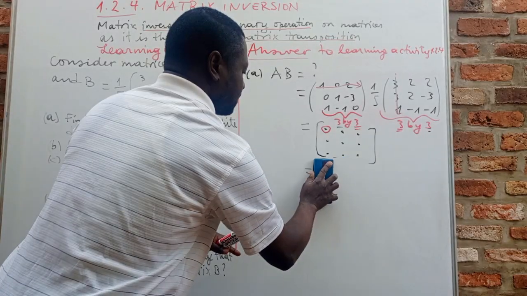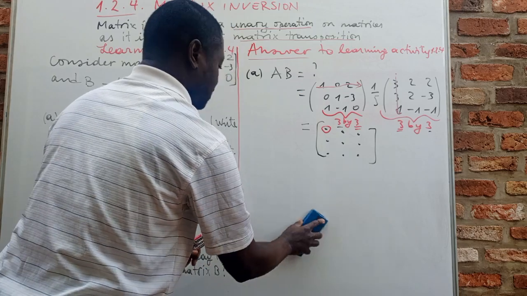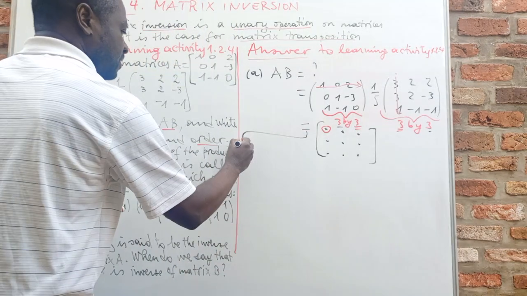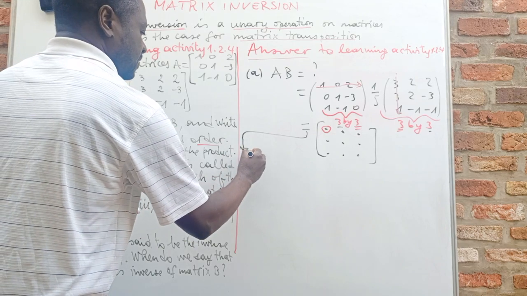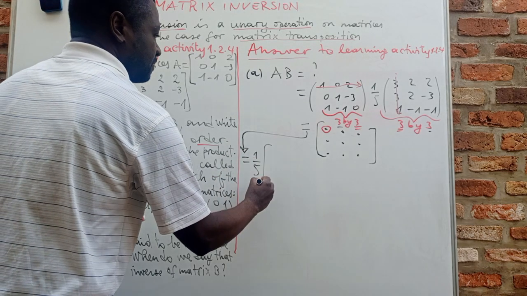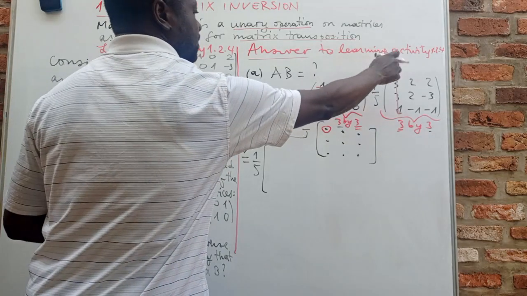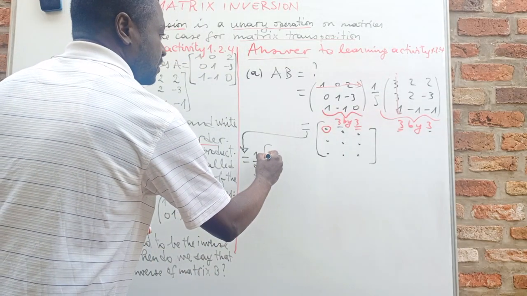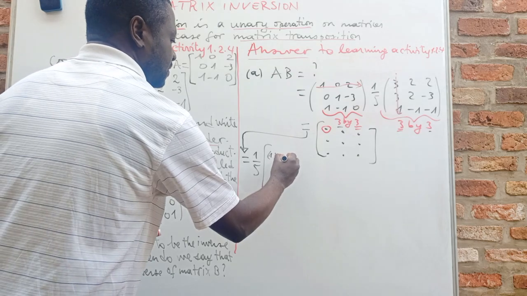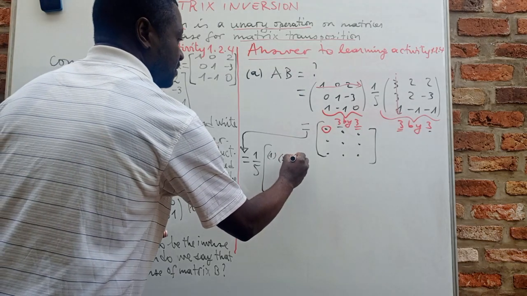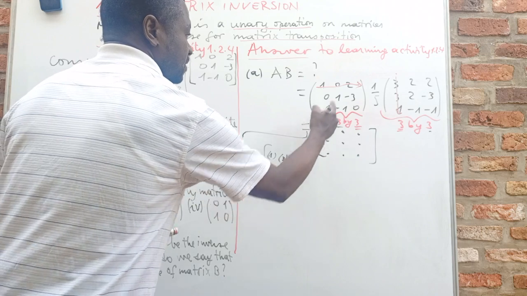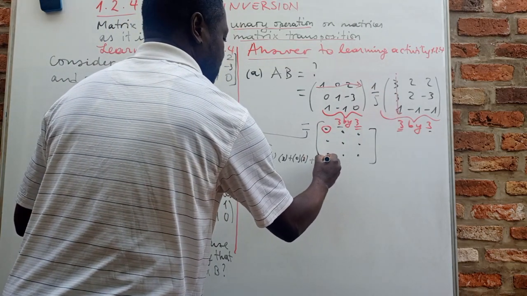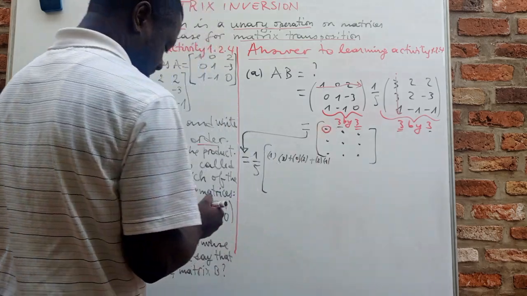Let me find a little bit of space, starting over somewhere here. Now I have a fifth of, I want this element. This is what I'm going to do: 1 times 3 plus 0 times 3, then 2 times 1. So that is the first element.